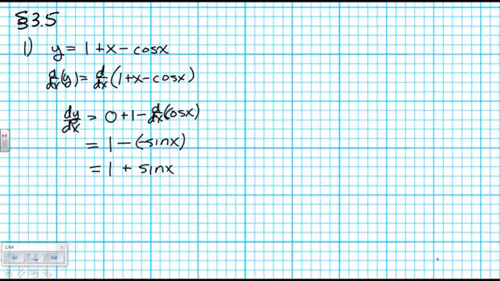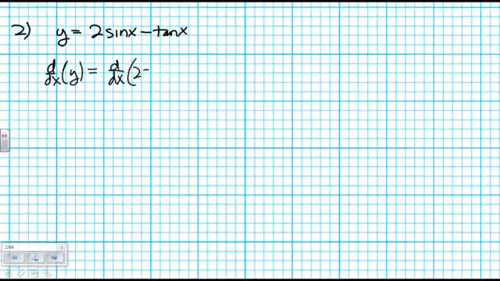Okay. Problem number 2. y is equal to 2 sine of x minus tangent x. Again, let's think about taking the derivative with respect to x of both sides. dy/dx is the result of the left-hand side derivative.